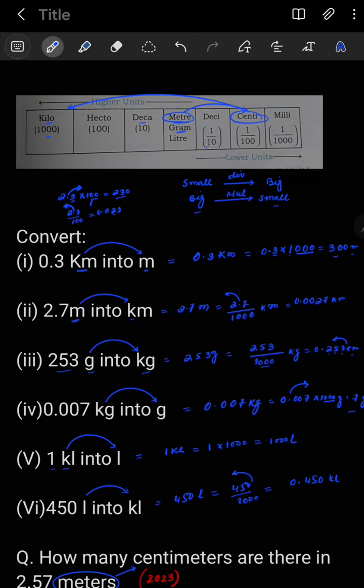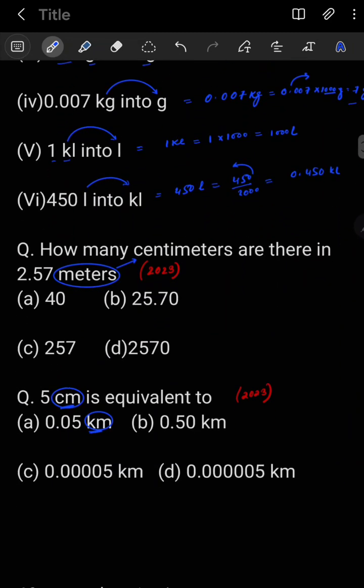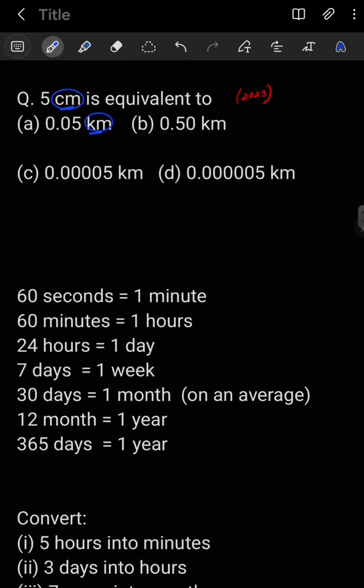So you check here 1 2 3 4 5. It means 1 0 0 0 0 0, and 5 you have to give. Okay, so 1 2 3 4 5 places, so it means 50. With this value you have to divide and you will get the values.